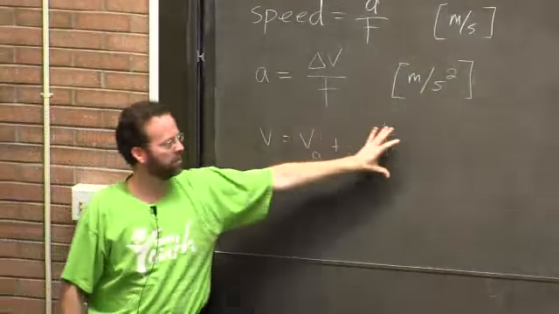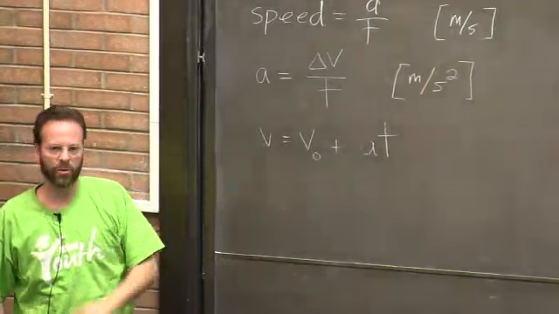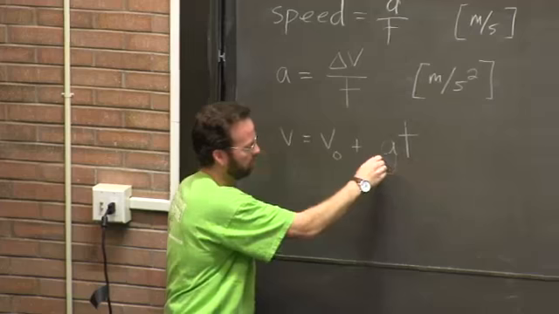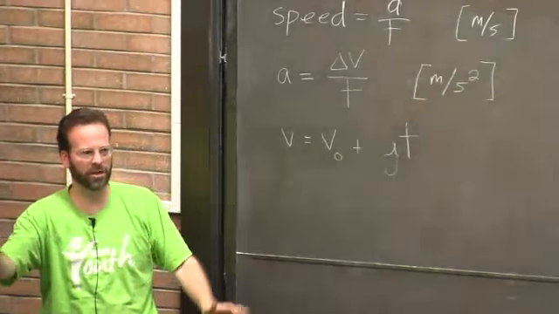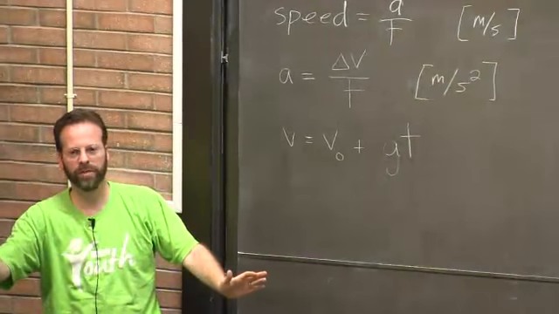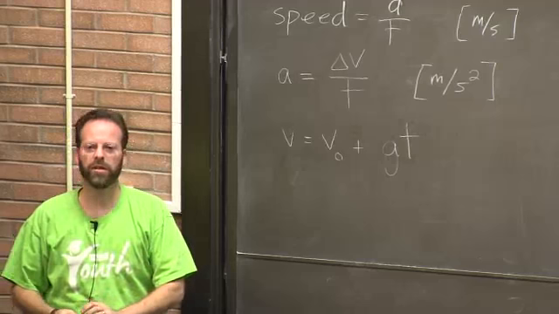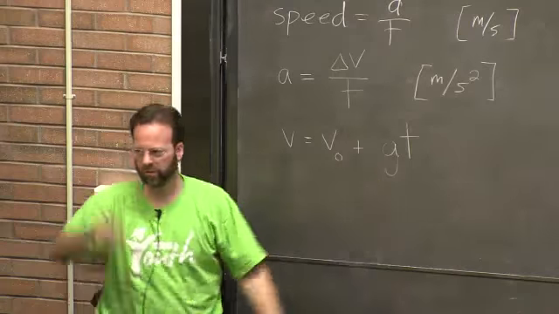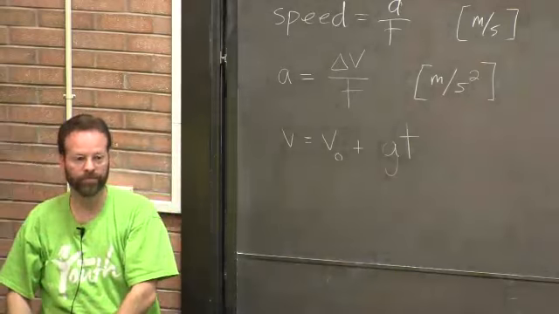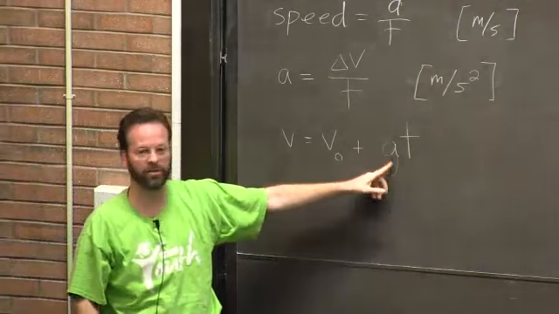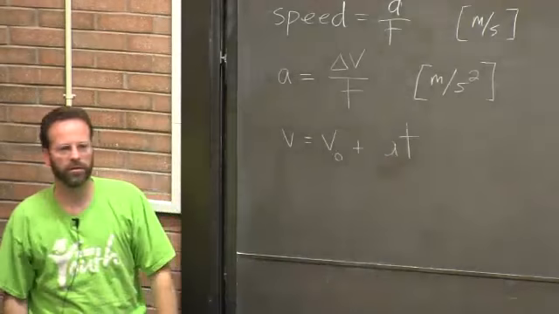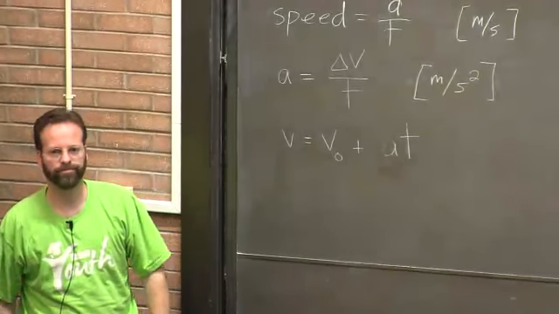This works for everything. I wrote it last time where this was a g. Does that change things? Does that make it different? That's just a specific acceleration due to gravity. So this works vertically when something's falling at that acceleration. But it works in any direction also.